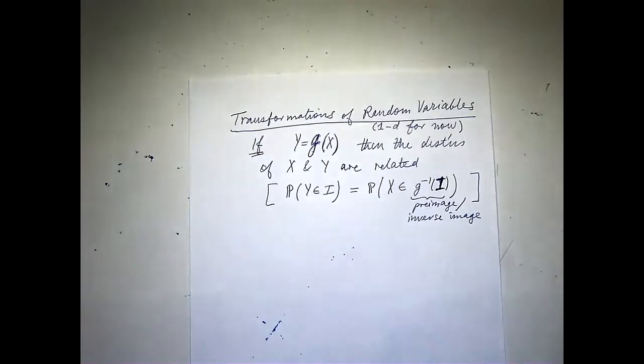But often what we really want is a relationship between the PDFs, because I've often said that the density function is a more useful relationship than the interval notation or even the CDF.